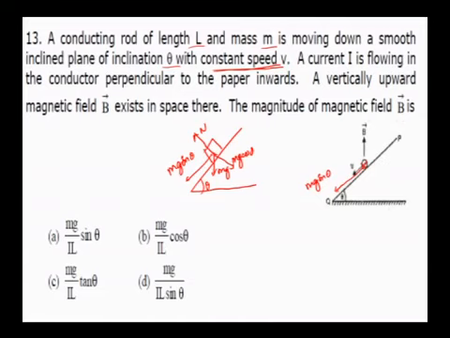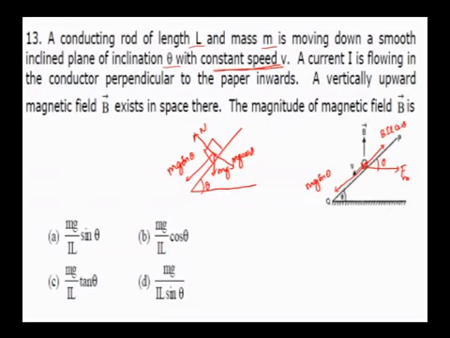So according to the diagram, I can write this as the direction of magnetic force. If this angle is theta, then this angle also becomes theta. We know that magnetic force and current are perpendicular, therefore magnetic force is BIL. If you resolve BIL, along this you will get BIL cos theta. So this is BIL cos theta and this is mg sin theta.